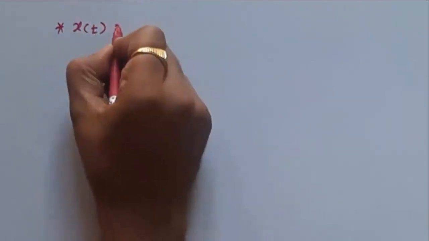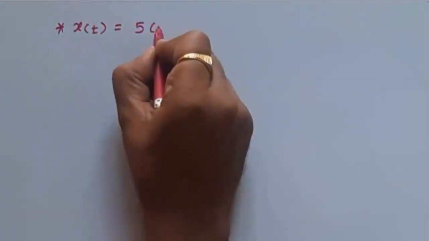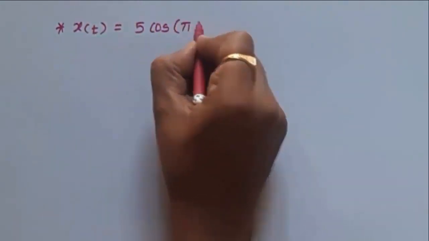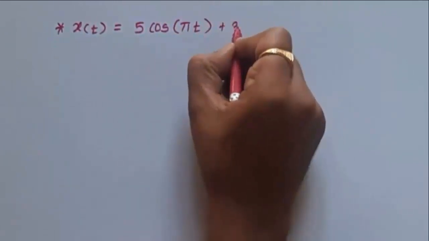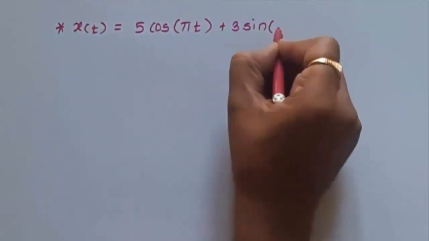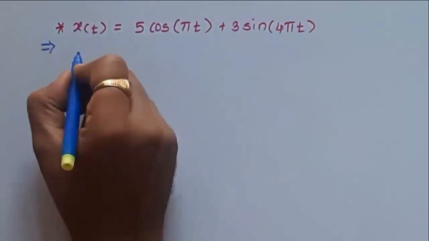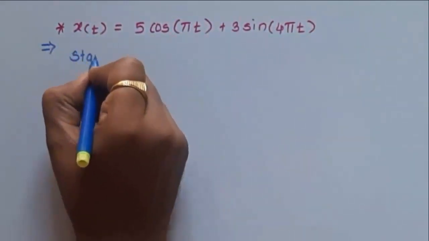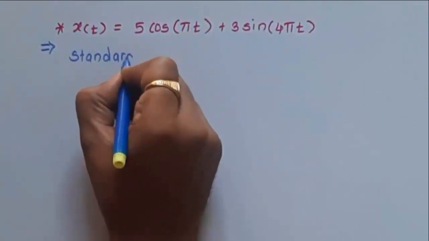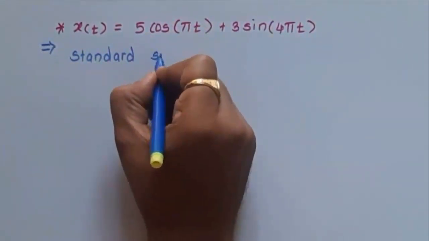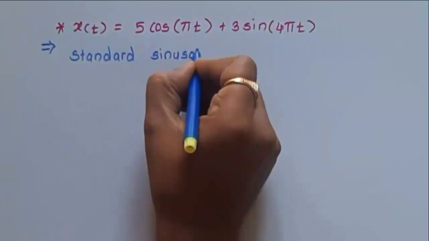Next example, x of t is equal to 5 cos pi t plus 3 sin 4 pi t. Now the given signal consists of standard sine and cosine.